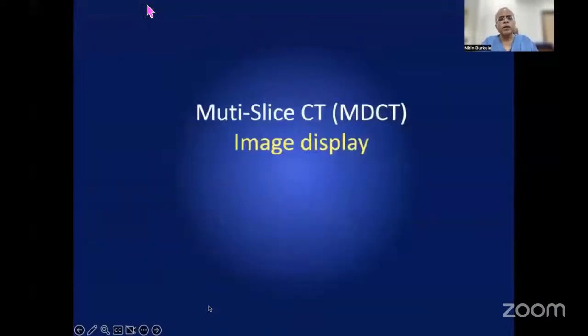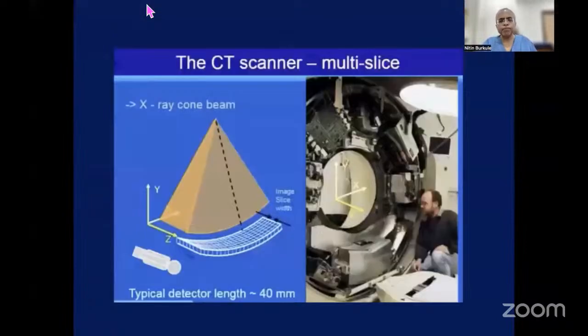So let us look at how the image is displayed by the multi-detector CT. Again, we'll go back to our X-ray cone beam.